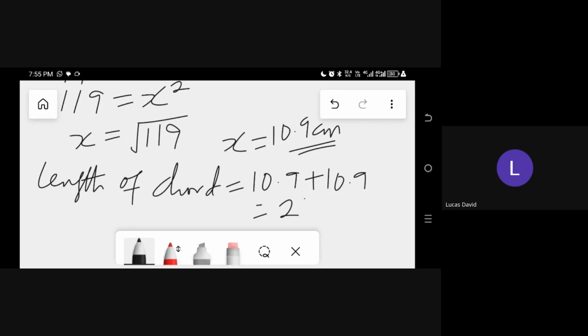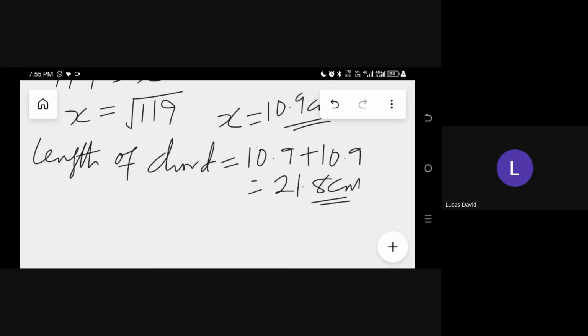You can either do this, or simply say 10.9 times 2, multiplying it by 2 to get the full length. You still have the same result, 21.8 centimeters. Does everyone understand this?